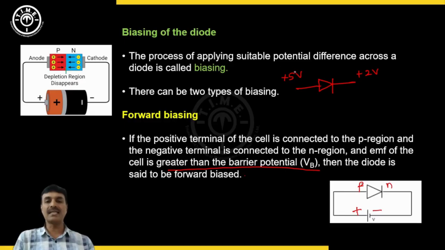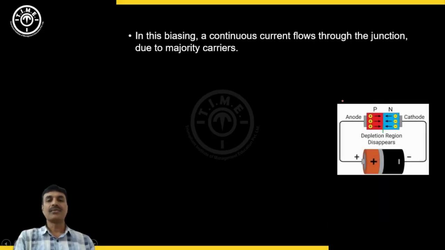When a higher potential is applied towards the P region and a lower potential towards the N region, then also it is considered forward biased. The only thing you need to check is whether it is higher compared to the other value or not. High potential on the P side, low potential on the N side will make it forward biased. Understood?